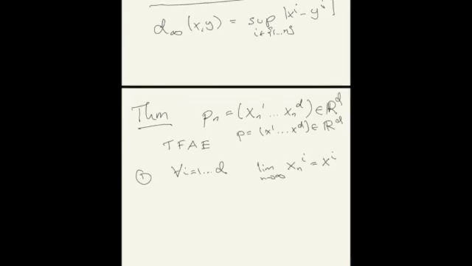So this is the component-wise convergence. And 2 is the convergence in metric. That is, d_p of p_n and p, limit as n goes to infinity, is equal to 0.